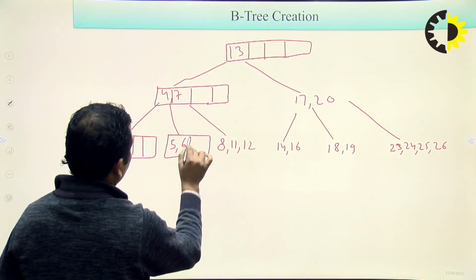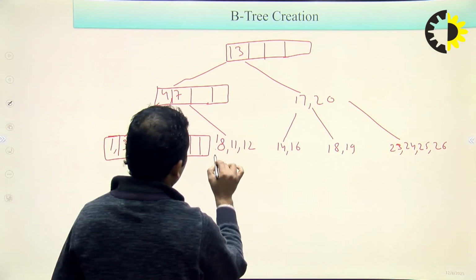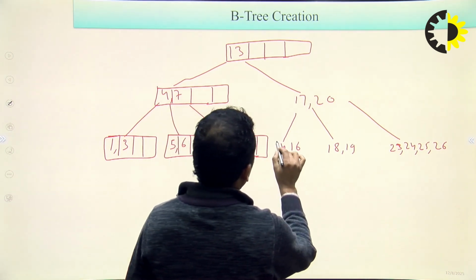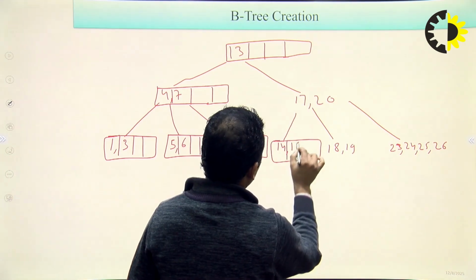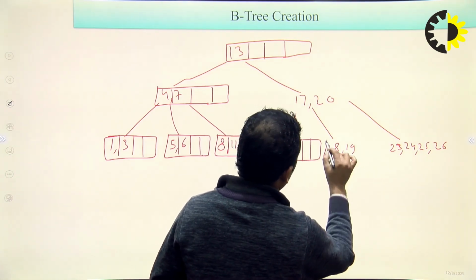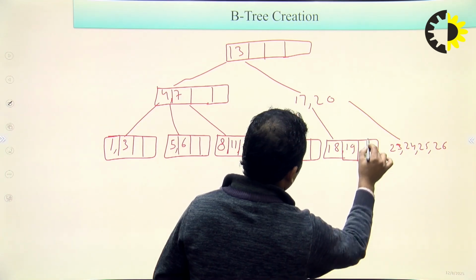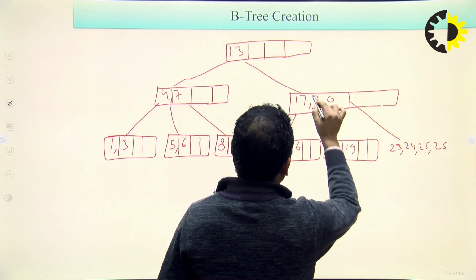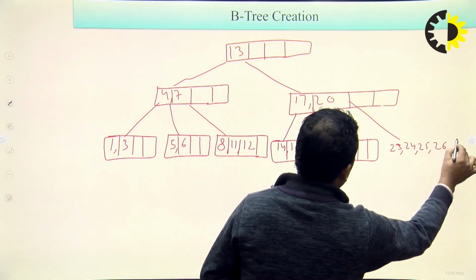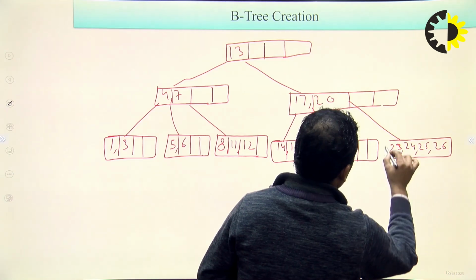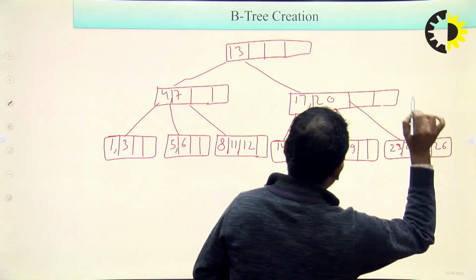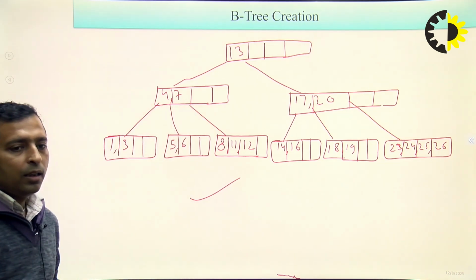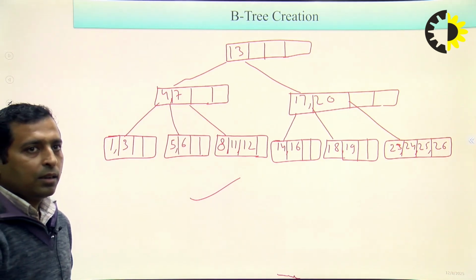Capacity of a particular node is 4, so in this manner we can write a 4 key holding capacity for each node. So separate this. This is our final B tree. I think this is clear.